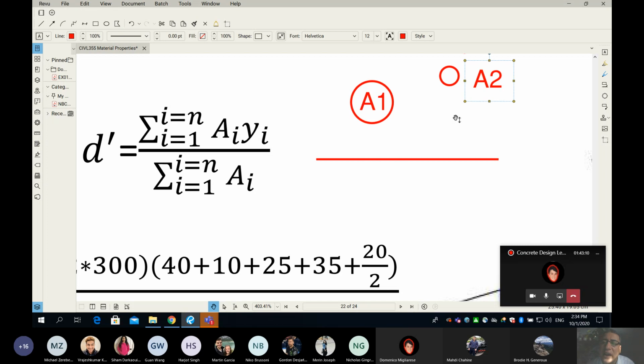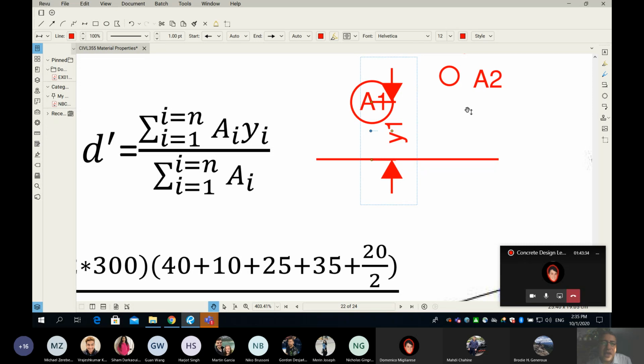We want to find where the centroid is. You must pick a reference line, and then you multiply A1 times Y1. Where is Y1? I have the dimension line here. The Y1 goes from the centroid of this area to my datum. So this is your Y1.